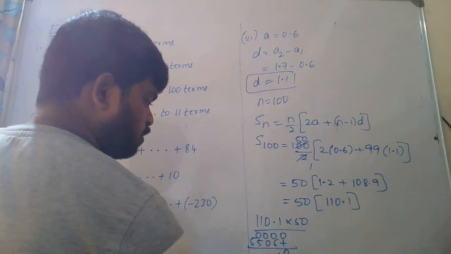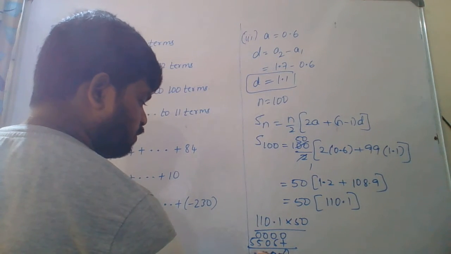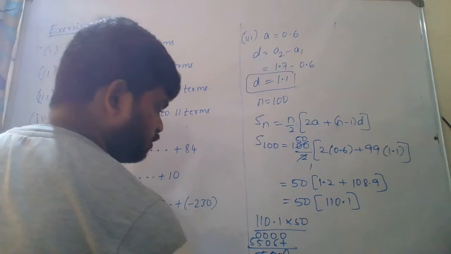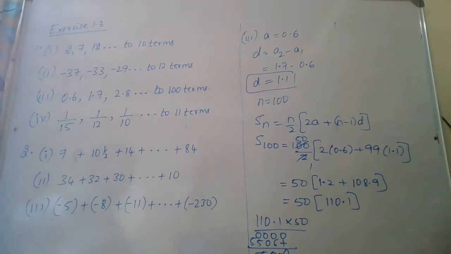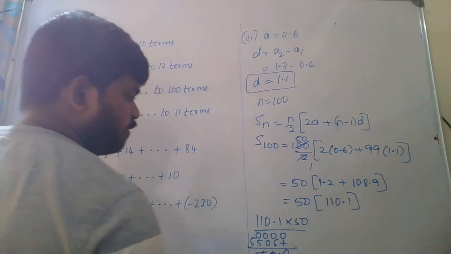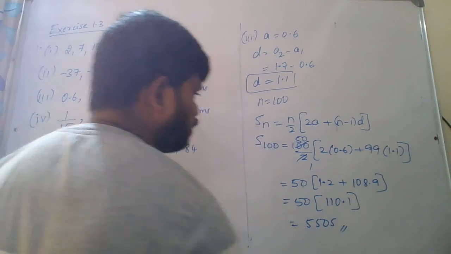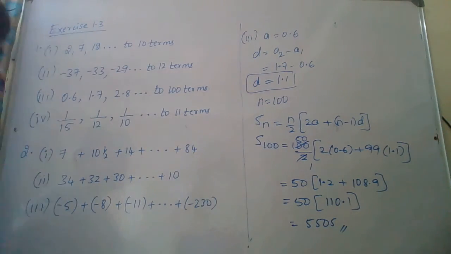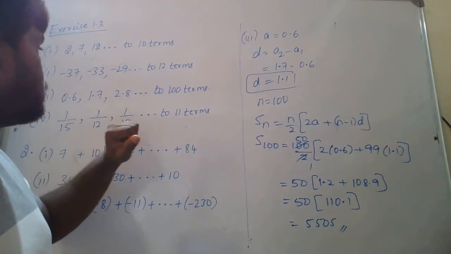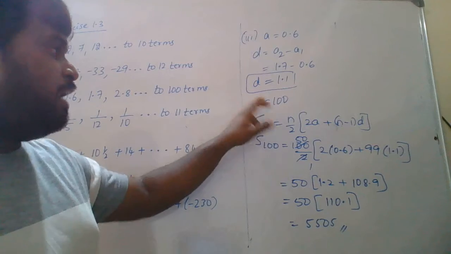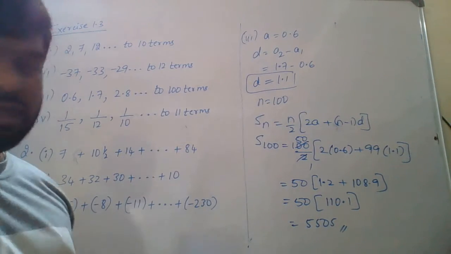So you get 5505. After the decimal there is 1 point, so 5505 will be your answer. So here we found the value of A, which is 0.6, and D value is 1.1, and N is given as 100 terms. So we have got the answer.